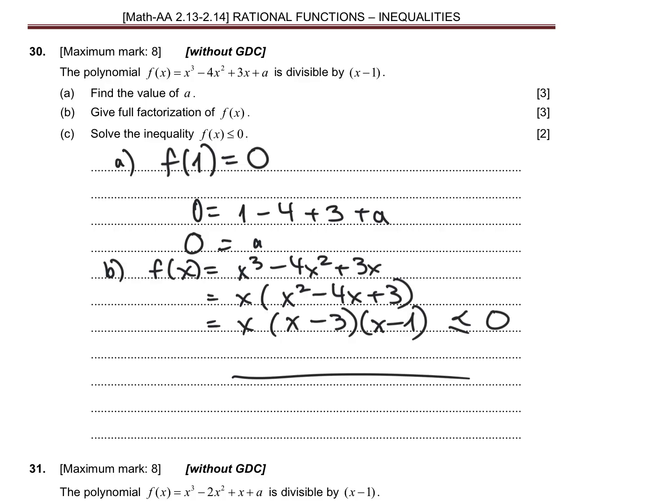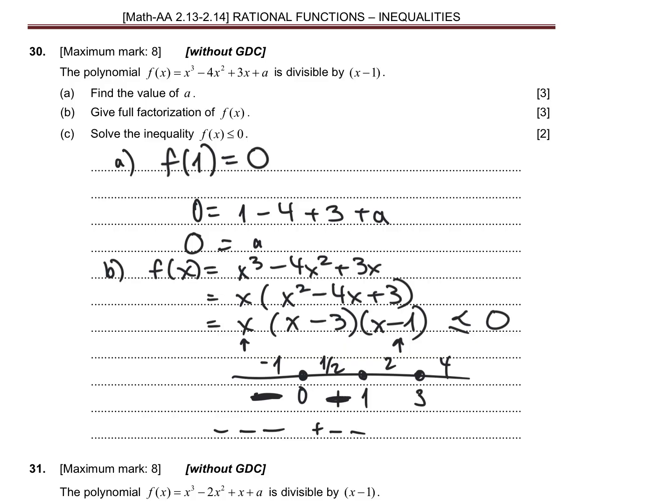On our number line, we're going to have 0 for this, 1 and 3. So we'll do 1/2, -1, 2, and 4 into that thing. So this at -1 is going to be a negative times a negative times a negative. So this is a negative. 1/2 is a positive times a negative times a negative.